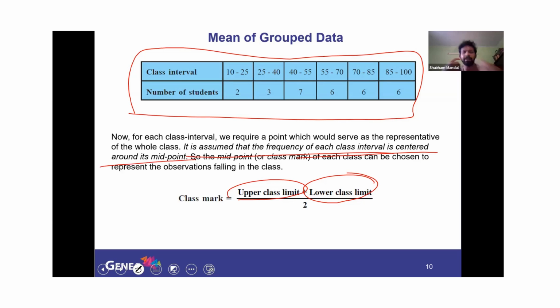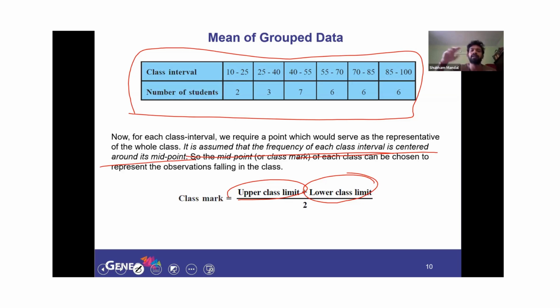Some students might have got more than the class mark, some less. If we add up everything, it will come to somewhere around the center of the class. That is why we assume the frequency of each class interval is centered around its midpoint.